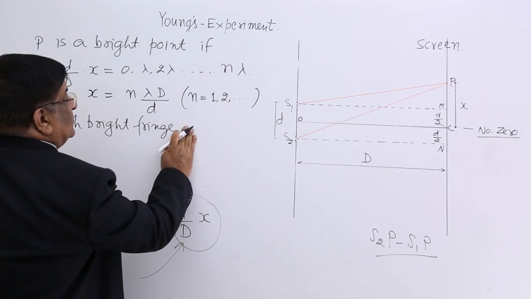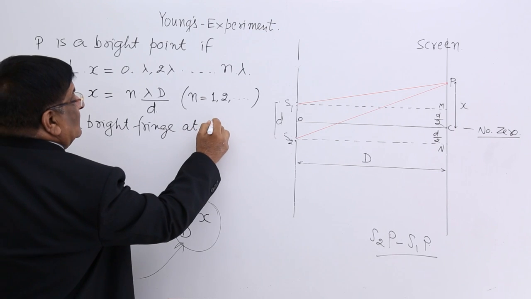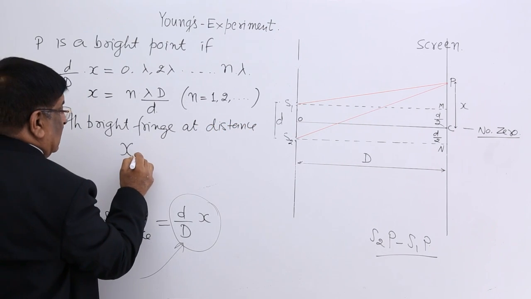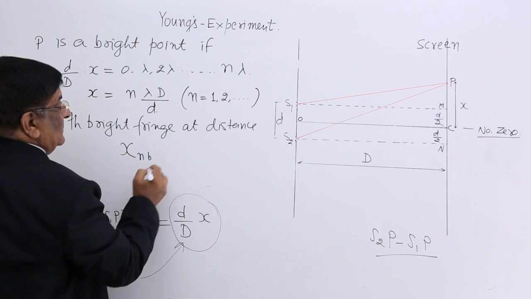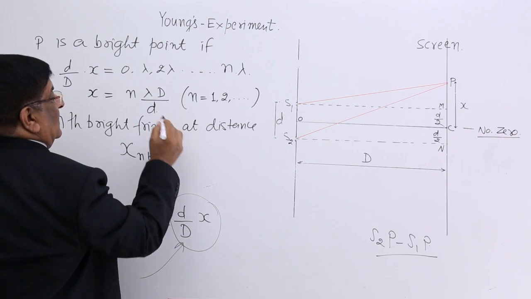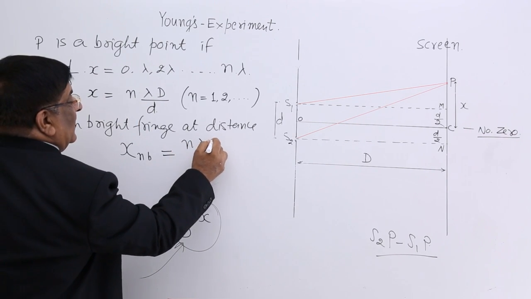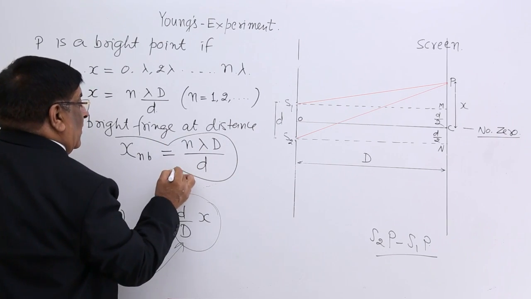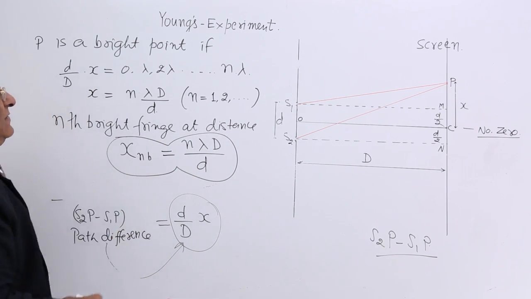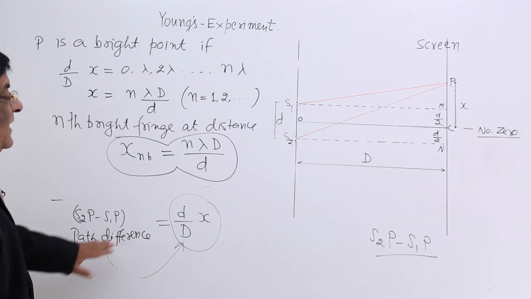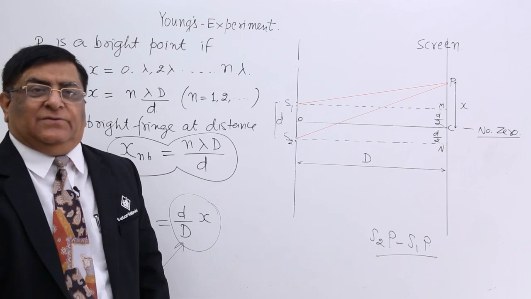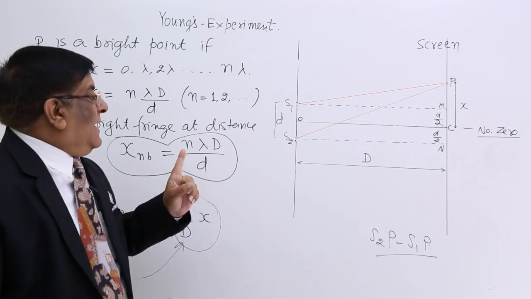Nth bright fringe at distance x_n bright is equal to n lambda D by d. This is the formula of the nth bright fringe. If I ask you, I am using orange light which has a particular lambda.